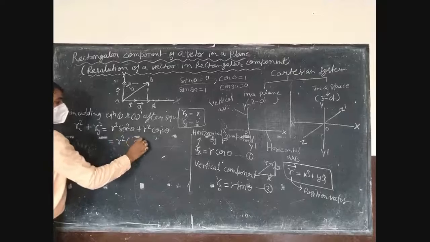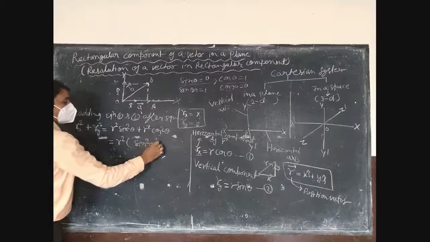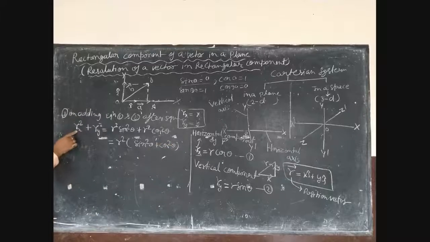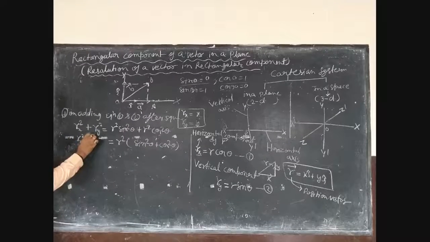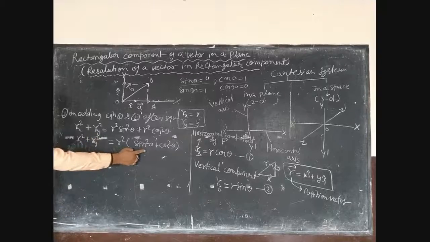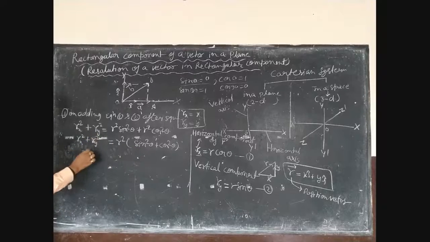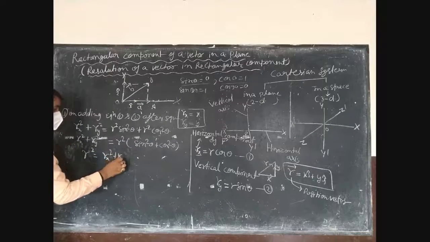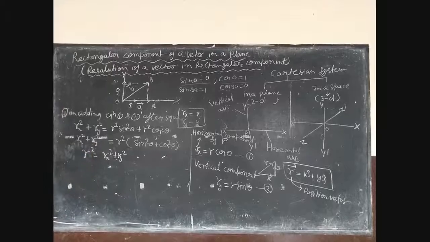We get sin square theta plus cos square theta, which will become 1. So you will get r square is equal to rx square plus ry square.